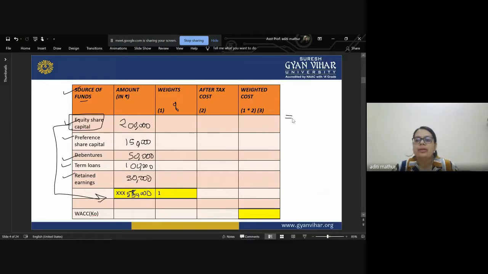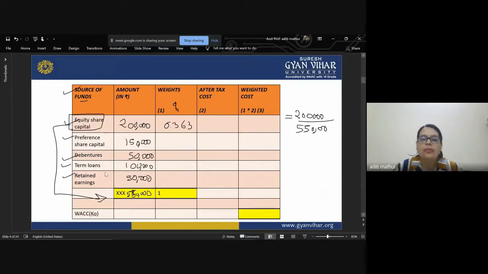So in this example, to calculate weight of equity share, we will take 2 lakhs, which is the total equity, divided with 5,50,000. So your answer is going to be 2 lakh divided by 5,50,000, which is 0.363. Right?